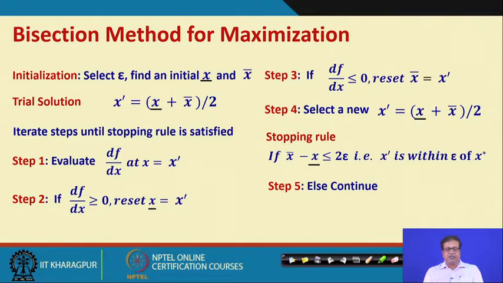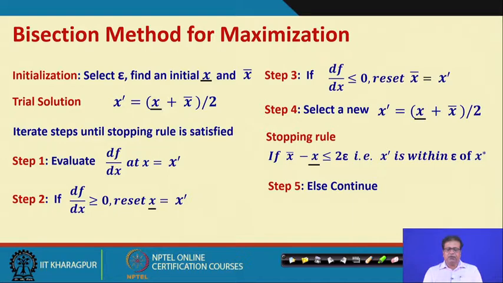Sometimes the second derivative is difficult to obtain, and the first derivative is available but not easy to solve. Then we have a method called the bisection method, which we have discussed. In that method we take two values, x underlined and x bar, between two extremes so that the extreme point lies in between, one on one side and the other on the other side.